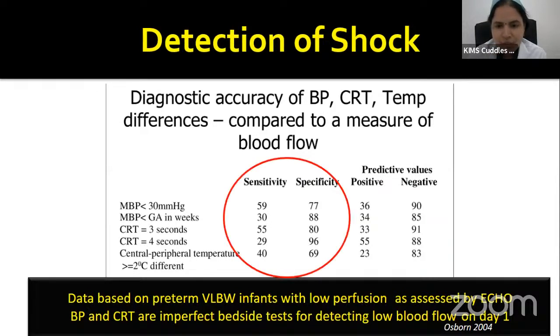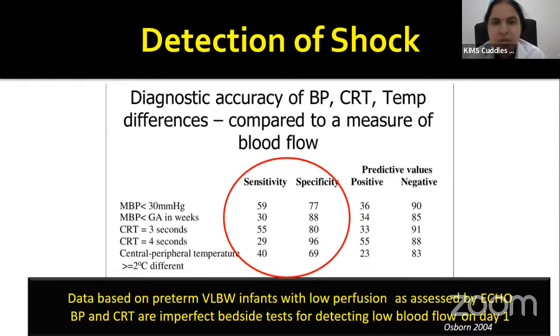This is a relatively old study from 2004, Osborne's study, which looked at various clinical parameters. As you can see, most of the clinical parameters, using mean blood pressure as a cutoff of less than 30 millimeters of mercury, or mean blood pressure less than gestational age in weeks, are all rules of thumb.